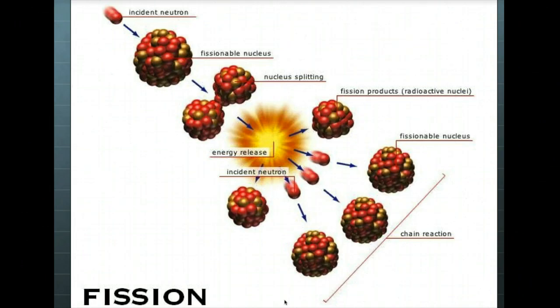Okay, we want to talk about two different types of nuclear reactions, and it's fission and fusion. First, we see here fission. What happens in a fission reaction is that you have a neutron that's traveling at a high speed, and it collides with a large nucleus of another atom.